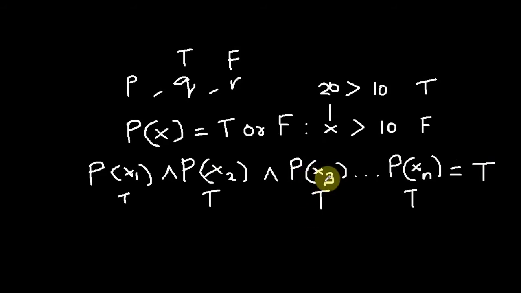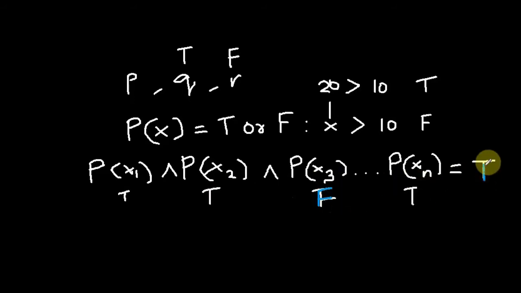If one single value is false, then no matter what the outcome of the other values, even a single false will make this entire expression false.